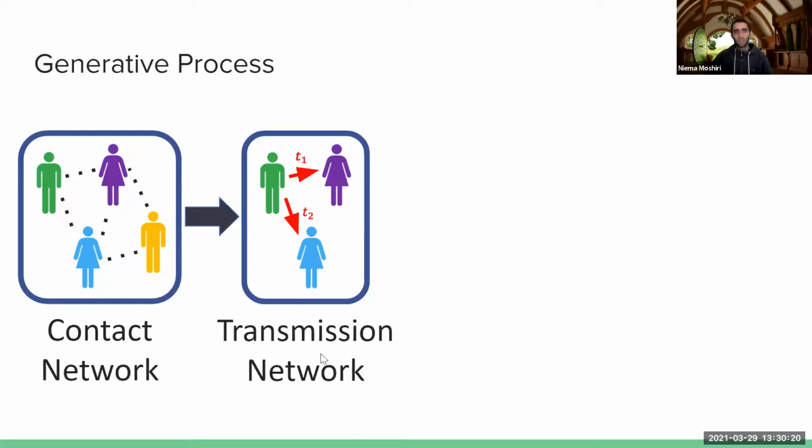Here we see it's constrained by the contact network because there's no connection between the green and the yellow person, which means it's impossible for my transmission network to have green infect yellow because they never interact with each other. So you can think of this as being some process that is conditioned upon the contact network.